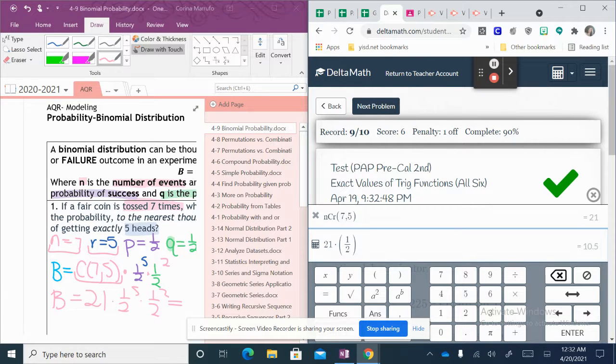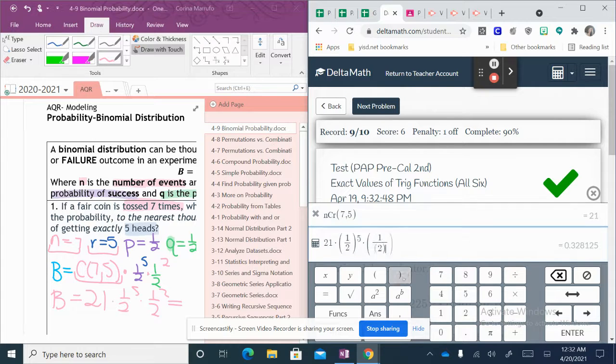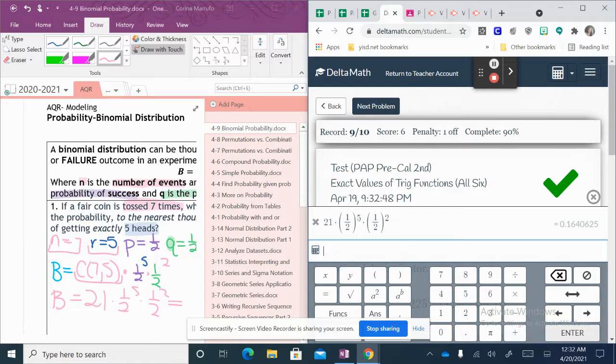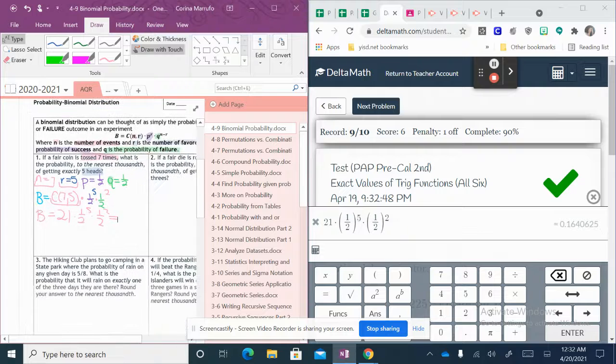There. 1/2 to the power of 5, and then get out of the exponent, times another 1/2 to the power of 2. Hit enter, and this gives me 0.1640, and it's telling me here that I need to round to the nearest 1,000. So that's going to be 3 decimal places, so it'll be 0.164.